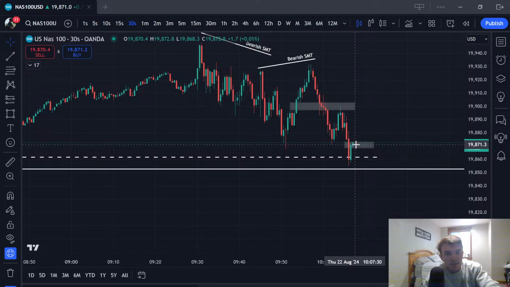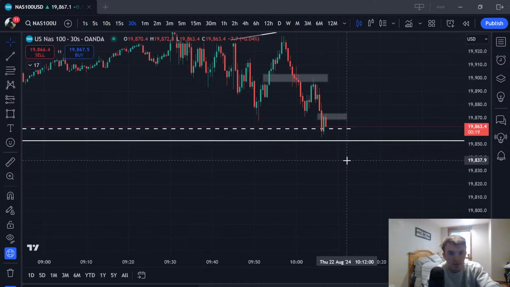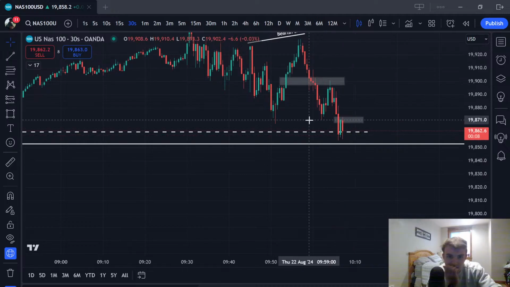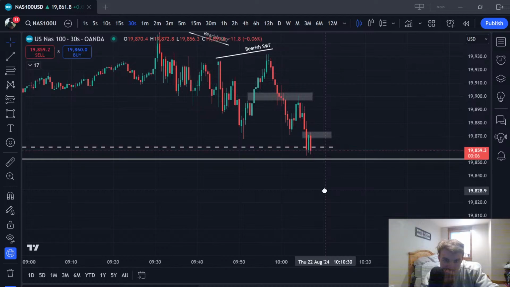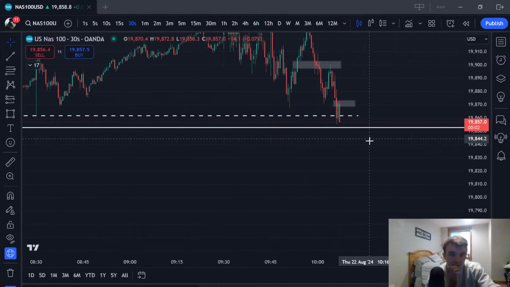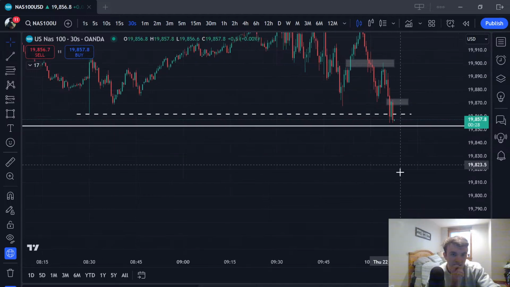Ideally, I want to see us make a new fair value gap. That's kind of dumb that we didn't keep this fair value gap. Well, we might not hold this. I don't know.